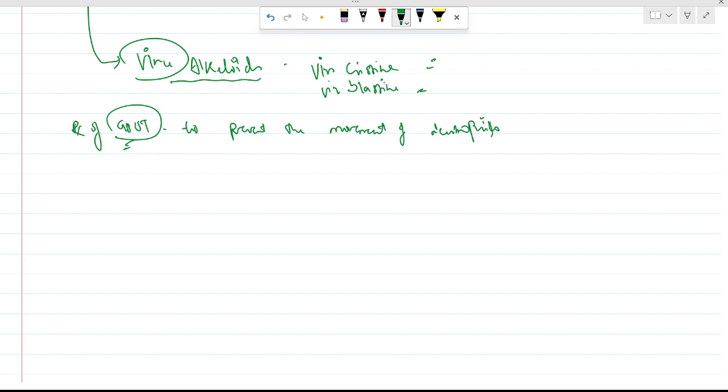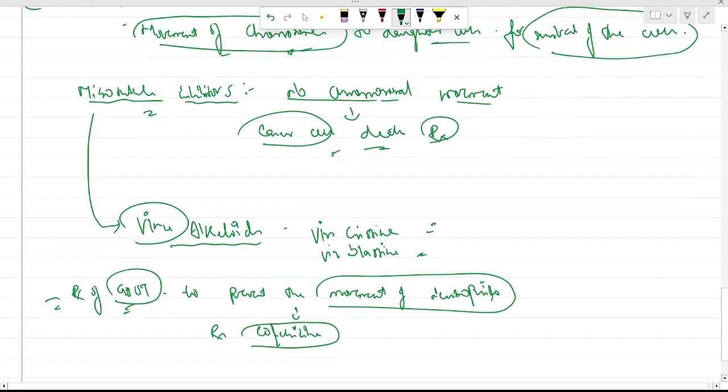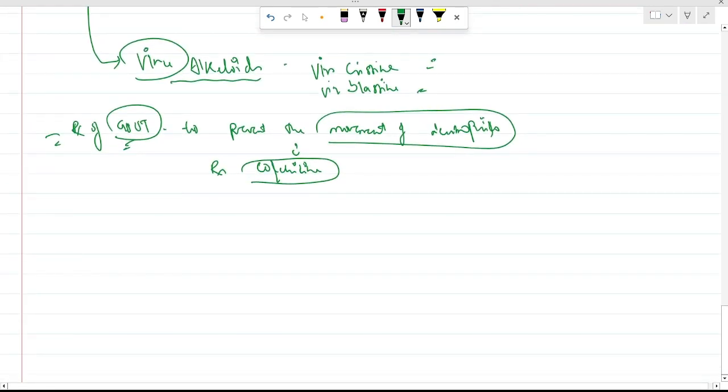So remember, this movement of neutrophils is an important phase in the development of gout. To prevent this movement of neutrophils, we use colchicine. Colchicine is used in the treatment of gout to prevent the movement of neutrophils. So with this, we conclude the discussion of microtubules.